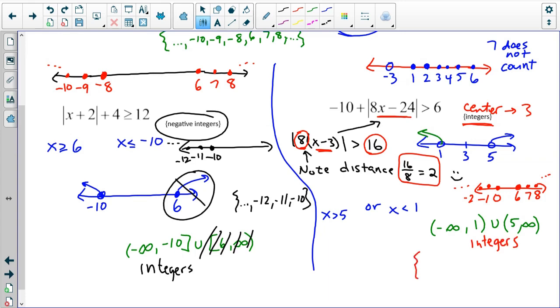So I'd either want to do it as a set, or I could also use interval notation, although I wouldn't recommend it because you'd have to also write only the integers in this, but it would be negative infinity to 0 union 6 to infinity, only integers.